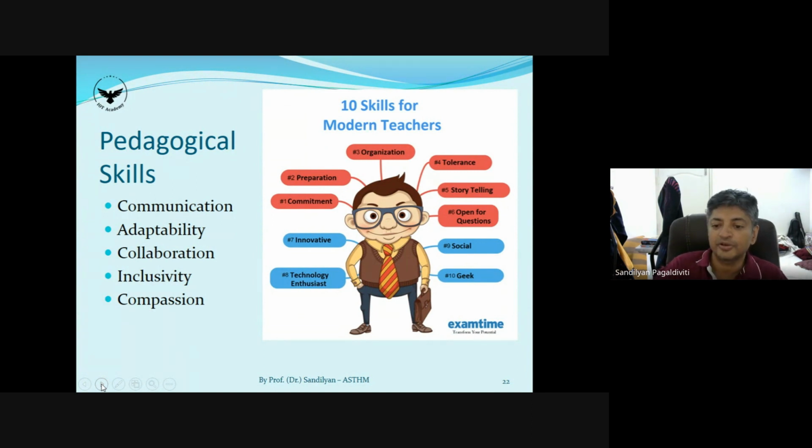They must have good social ability to interact and mingle, and they must be geeks, meaning keeping up with the new terms, new lingos, and new kinds of gadgets and other things that are coming up.